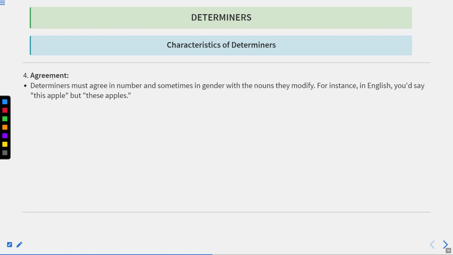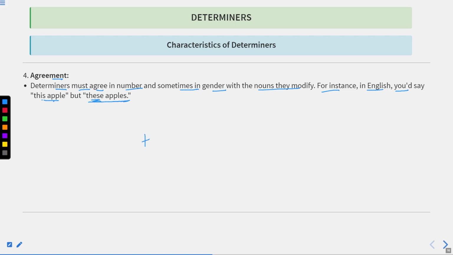The fourth is agreement. So this is another characteristic of determiners. Determiners must agree in number and sometimes in gender with the nouns they modify. To whichever noun they are modifying, they should agree in number. For example, if I say these tables. For tables, I can use these, but I cannot say this tables. In English, you would say this apple, but these apples. But if you want to use these, you should use apples.